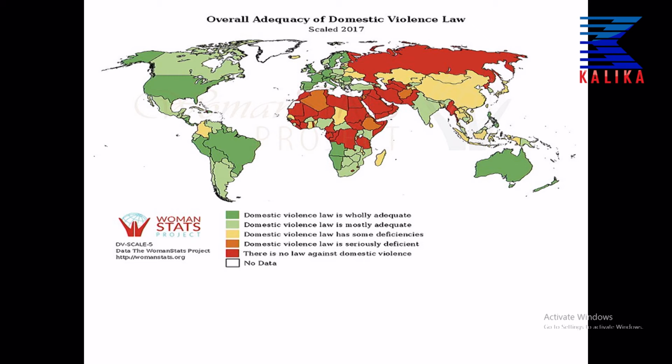And the fifth one, no law at all, and no data. You can see how the domestic violence scenario is in the world. Especially you can see in Asian countries, domestic violence law has some deficiencies. And in some nations in Africa, no law, it is said. This is the situation of the world.